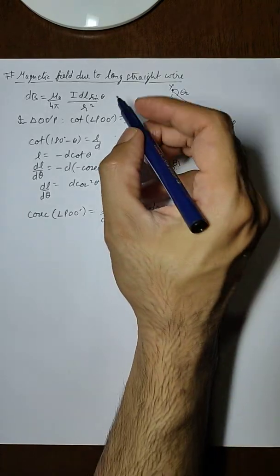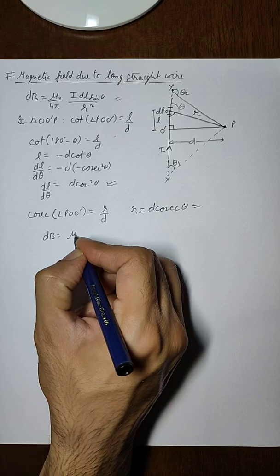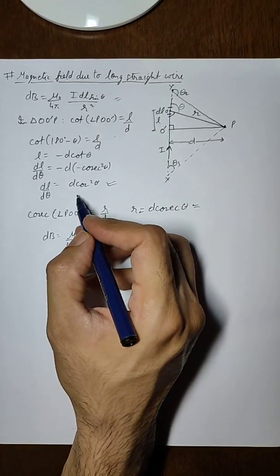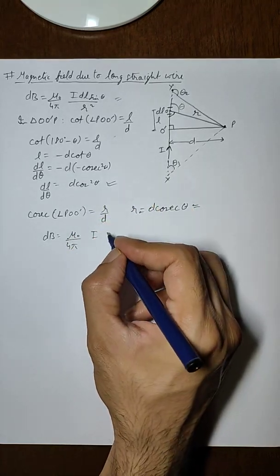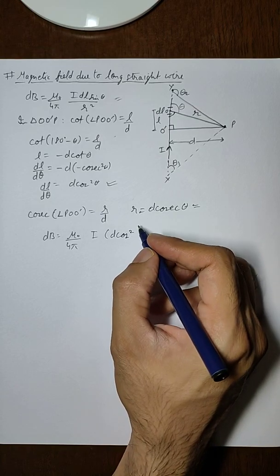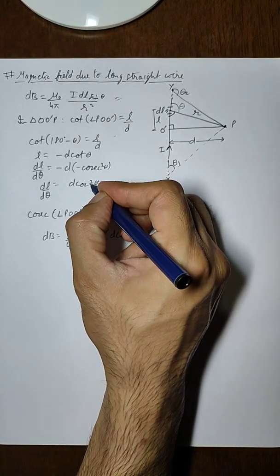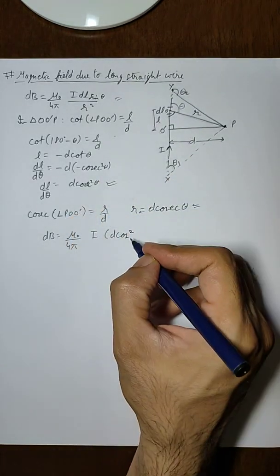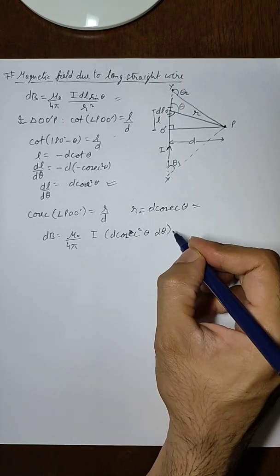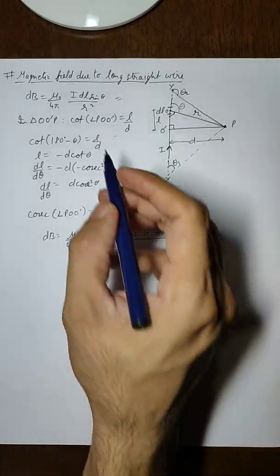and put them in the Biot-Savart's law, then we can write dB equals mu naught upon 4 pi I. Instead of dl, we can write D cosec square theta d theta into sine theta upon r square.